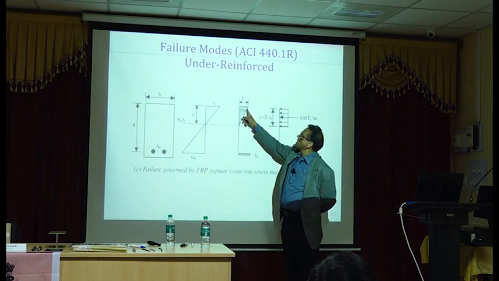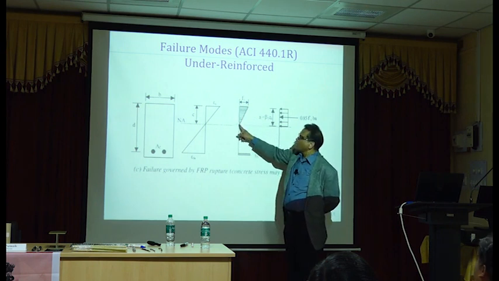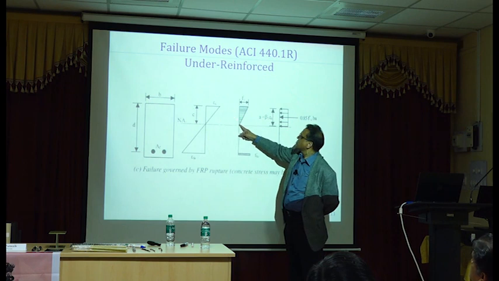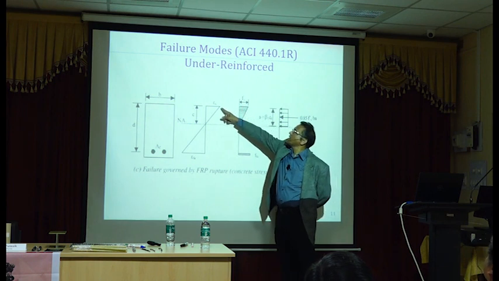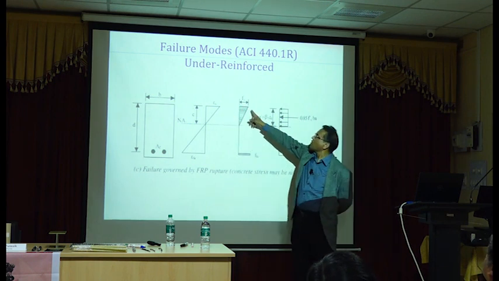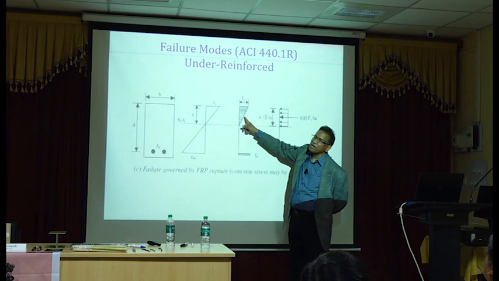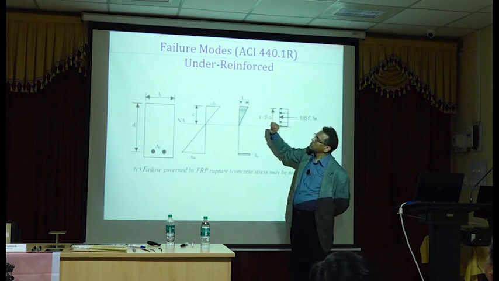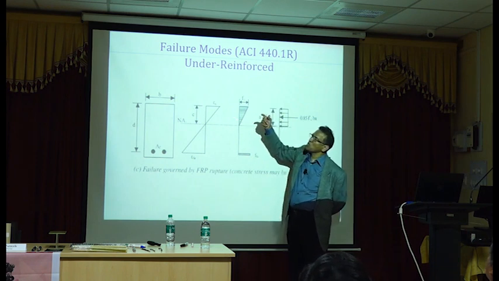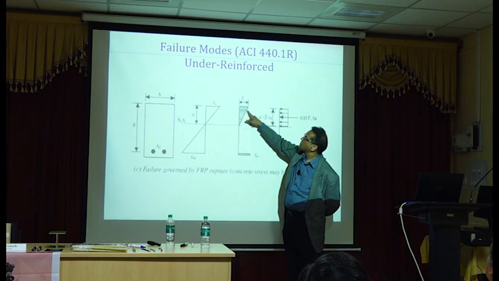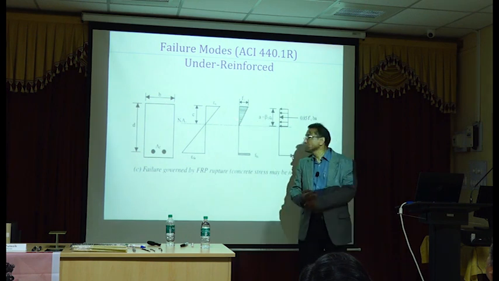You may have just a triangular, or in IS 456 you use a parabolic stress strain curve. So if epsilon c is very, very small, you probably will use a triangle. If it is larger than about say 0.001 or something like that, then it starts becoming parabolic, right?